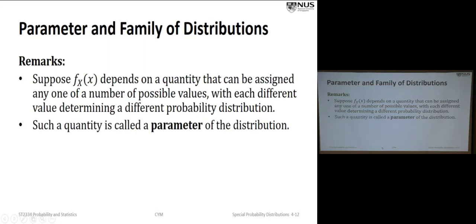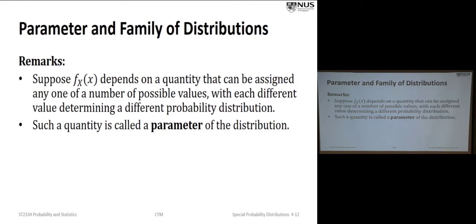So remember, in the subsequent discussion, we talk about distribution, so we talk about the probability density function or probability function. In it, there will be this x, the value of x, and also the corresponding probability. And there may be some other unknown constants, or some constants whose value we may not know. These constants are called parameters.